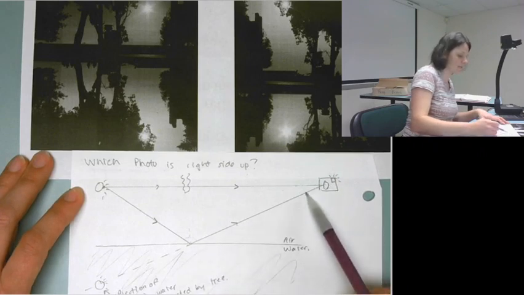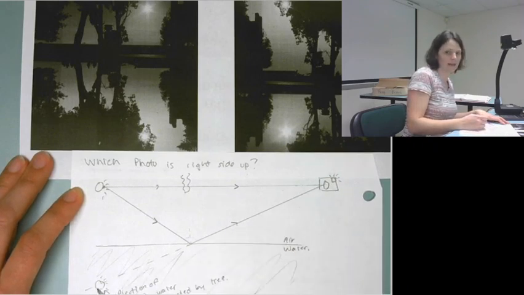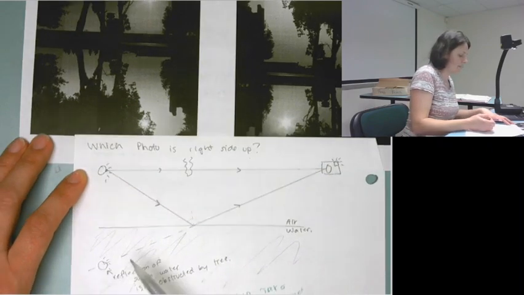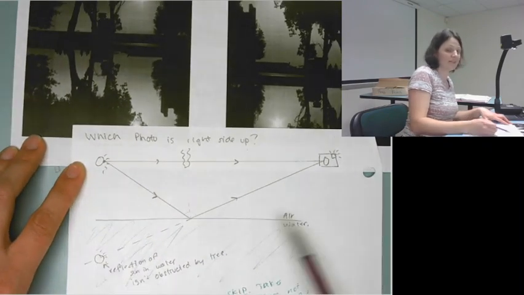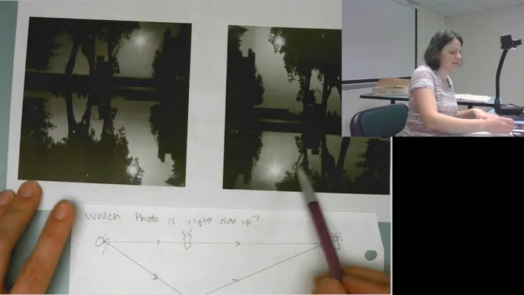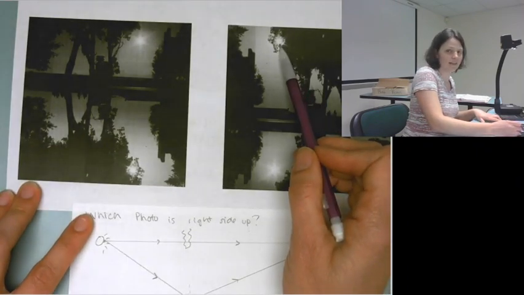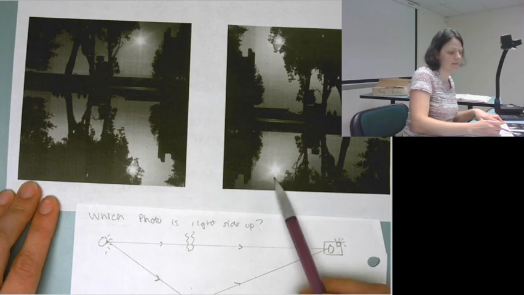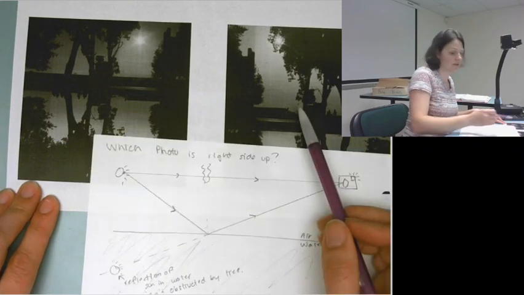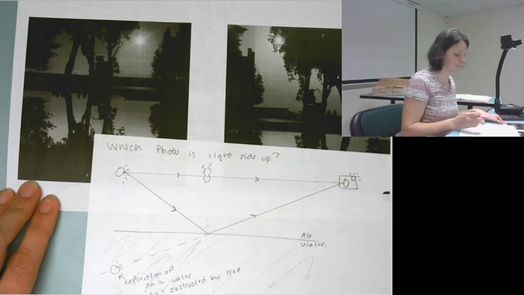And the camera will see as though that light came from back here. Okay, so we know that this over here is the right side up image because the sun is behind the tree here and not behind the tree here, which matches what must be going on in here.